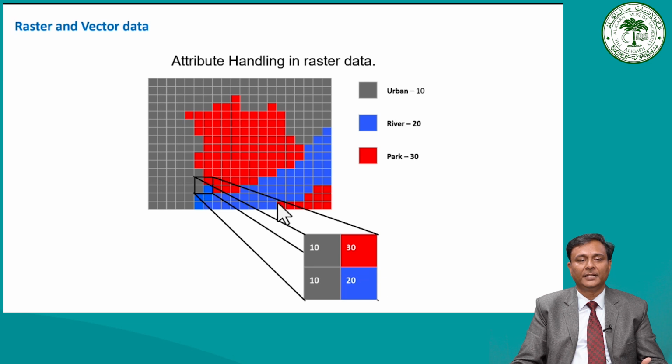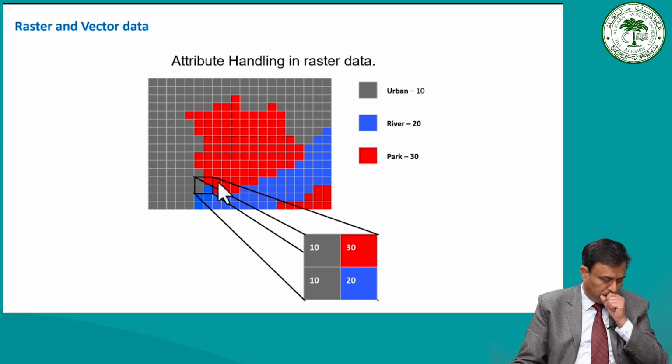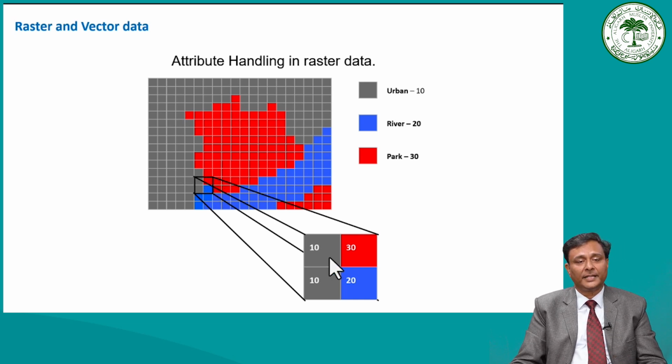So 10, 20, 30, if I magnify and zoom in, you can find that these 4 pixels are representing 3 different land use classes, and these 3 different land use classes can also be depicted through 3 different colors, and that way we make the raster image more colorful, more easily understandable, and the analysis can be done efficiently through raster data.